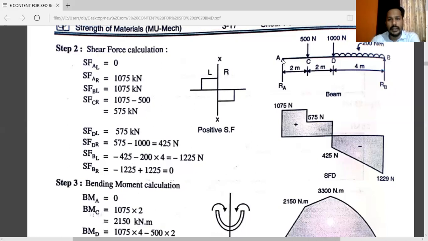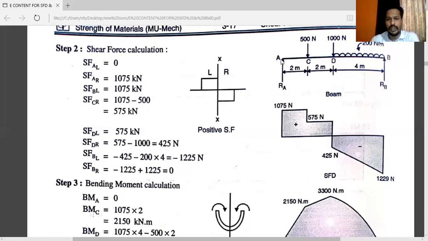At point A, just to the left. Now see the cursor location. Cursor location is very important. I have taken cursor at just to the left and consider all the forces left to the section.